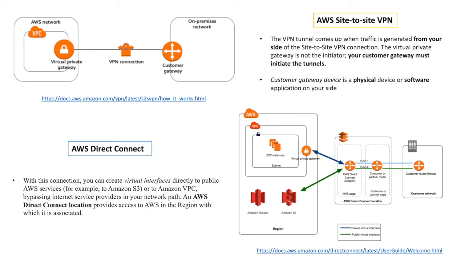Now, AWS Direct Connect, I will just give you a brief introduction to what happens. There are certain telecom providers which have direct access. They have direct lines, direct cables to the AWS data centers. This gives them an edge in terms of network connectivity.